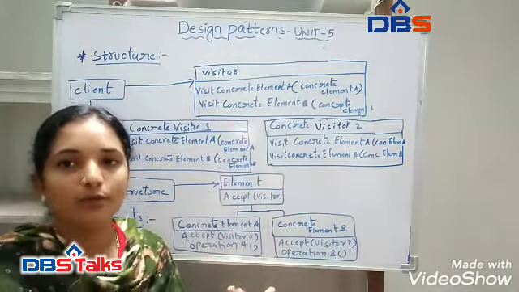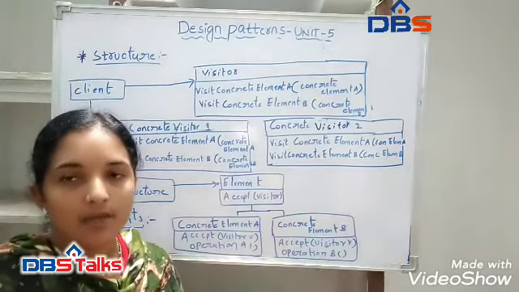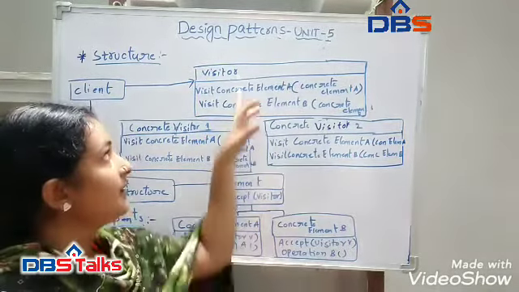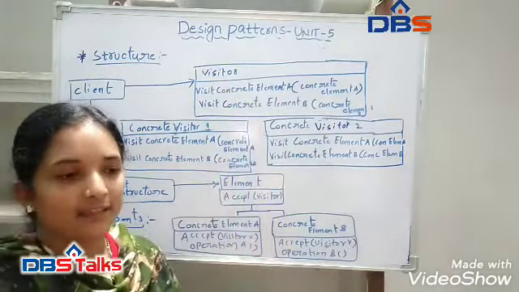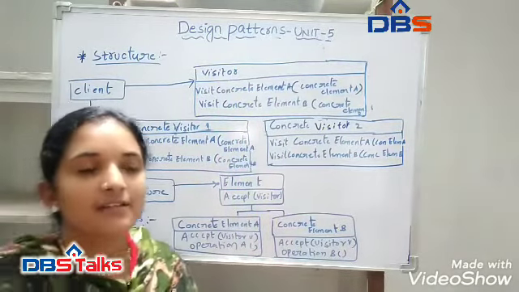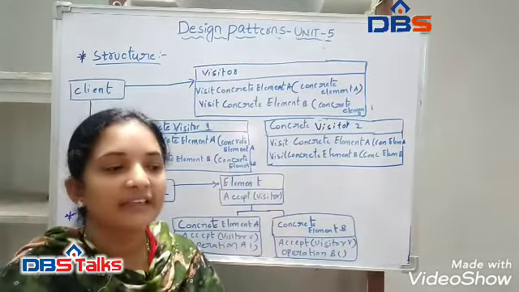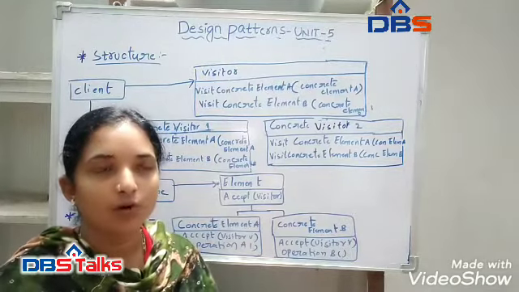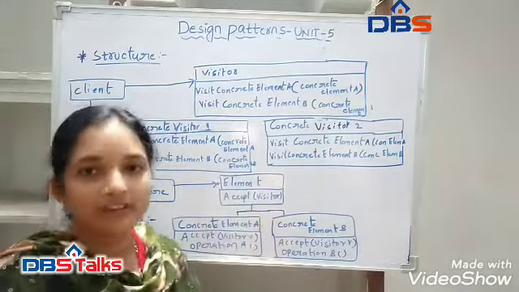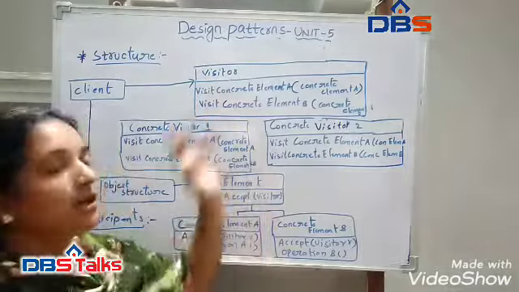In the previous class motivation we drew a diagram; if you see that diagram you can understand that the visitor is the node visitor. Its responsibility is that it declares the visit operation for each class of concrete element of an object structure. That is the meaning of the visitor.